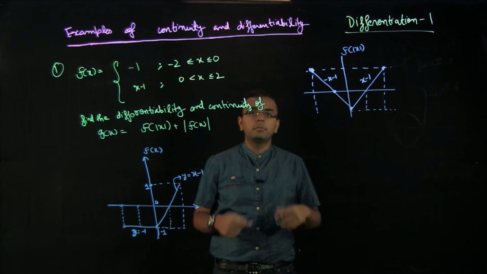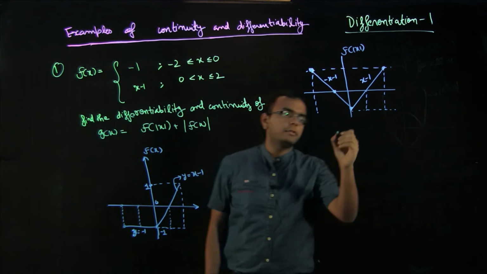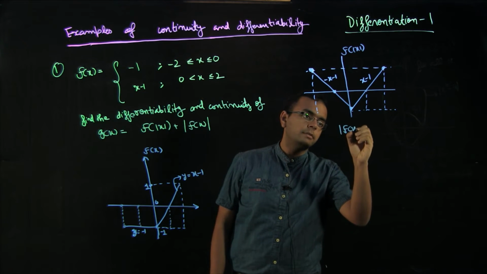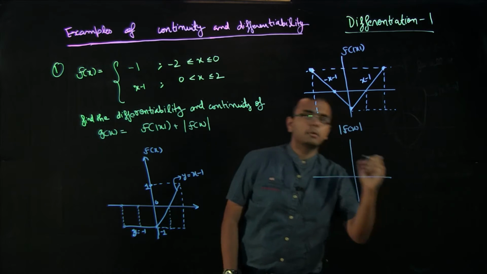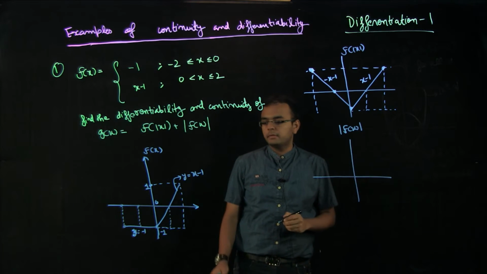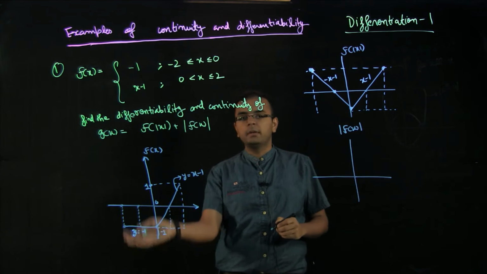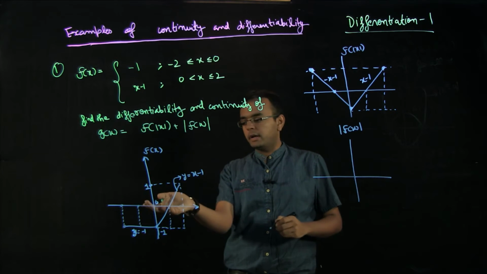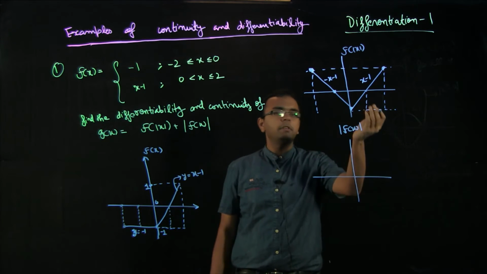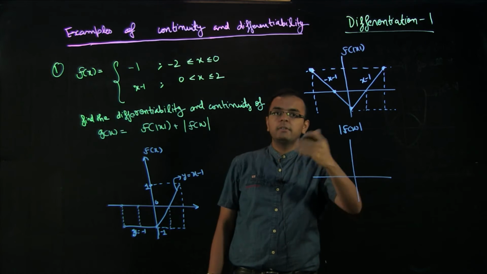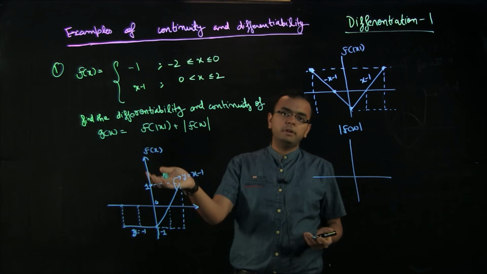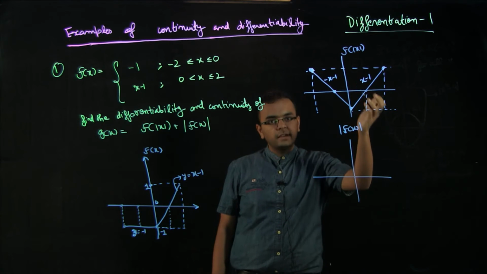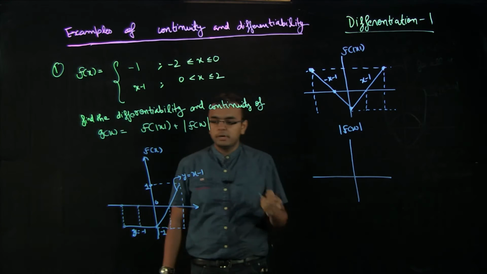What will happen for mod of f(x)? The third thing is mod of f(x). Mod of f(x) means that whenever the function is negative, we will make it positive by reflecting it with the x-axis. Here we reflected with the y-axis, here we are reflecting with the x-axis, because we will basically make negative values of y as positive values of y. Here we were making negative values of x as positive values of x. So we can do that very quickly.